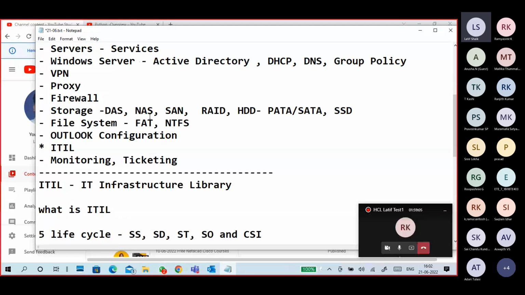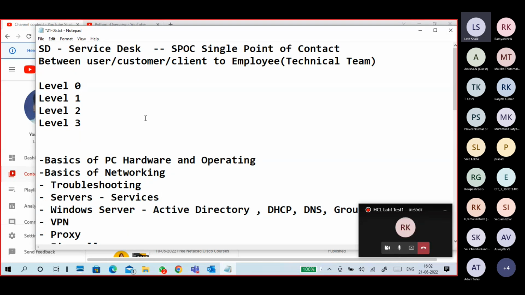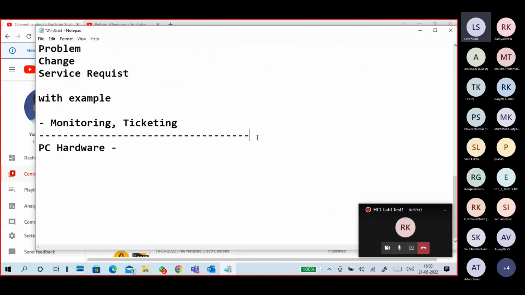The word is IT. Like in IT companies, if you take an organization and you say it is an IT organization, or an IT business, or an IT client, it can be anything. Like I'm using Office 365, I'm using a computer.